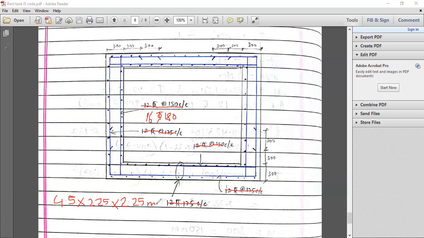A rectangular water tank of 4.5 meter by 2.25 by 2.25 meter has its walls rigidly jointed at the vertical edges and pin jointed at the horizontal edges.